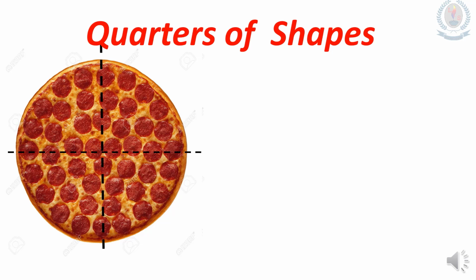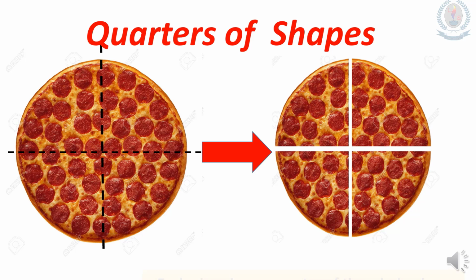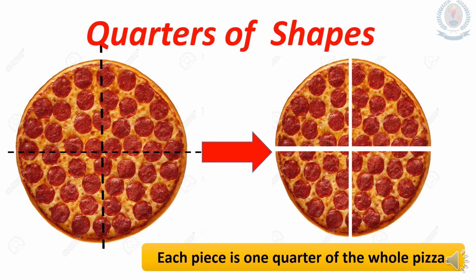Then you get 4 pieces of pizza of the same shape and size. I cut this pizza twice, and after that you get 4 pieces of pizza of the same shape and size.